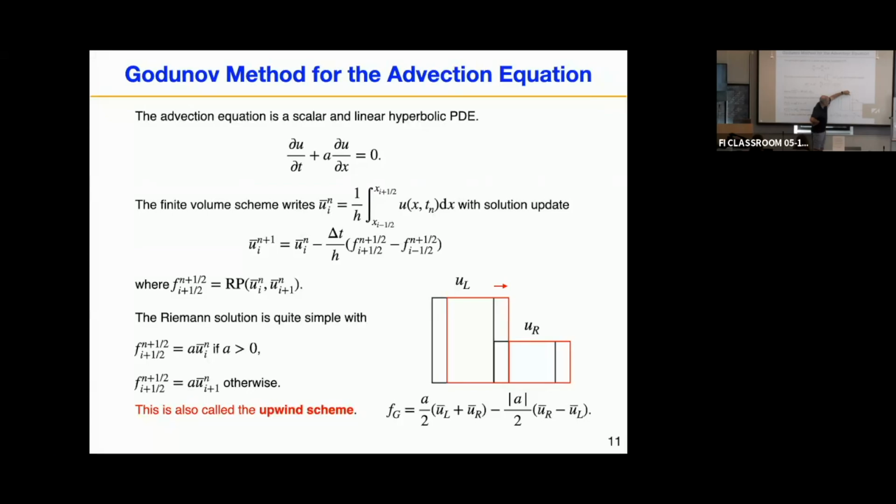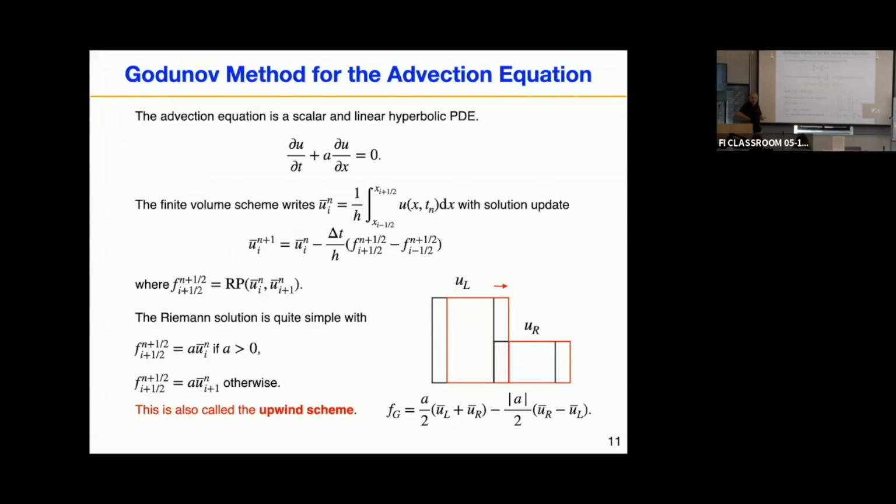Meaning that the solution to the Riemann problem is, if the velocity is positive, it's the left one. So F at the boundary is actually A times the left value. Otherwise, if the velocity is negative, the Riemann problem will go in the other direction, and you're going to take the right value. Okay? So that's the simplest example.